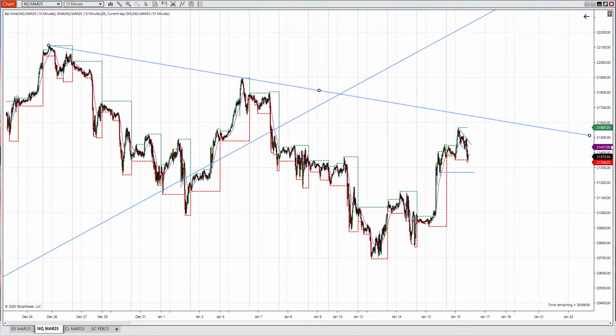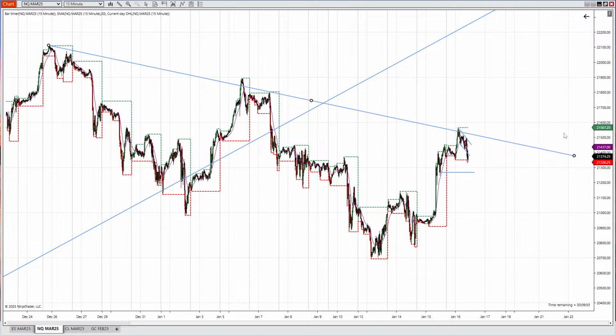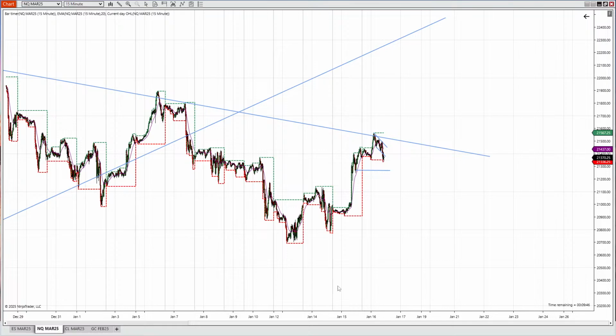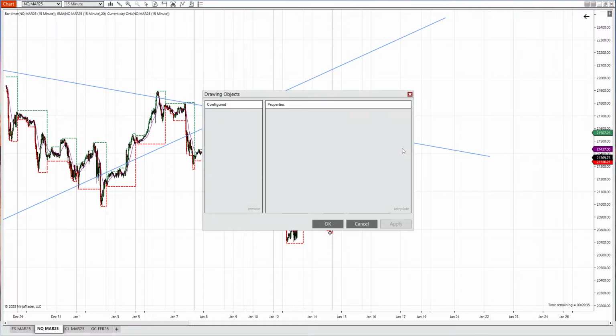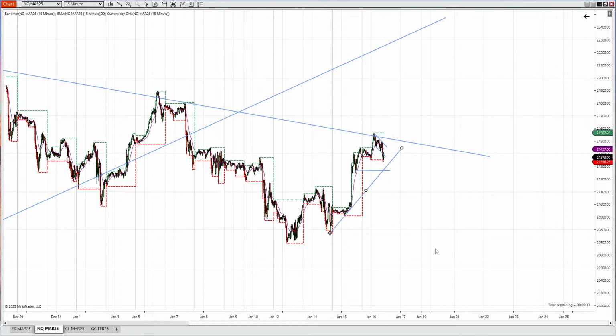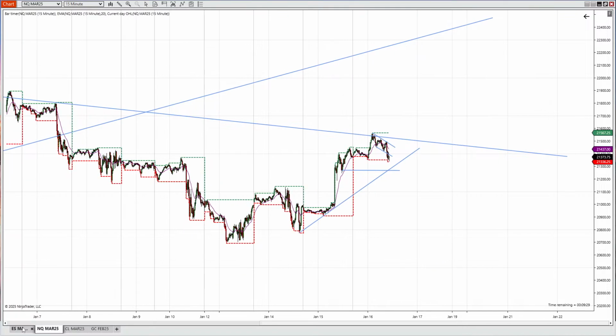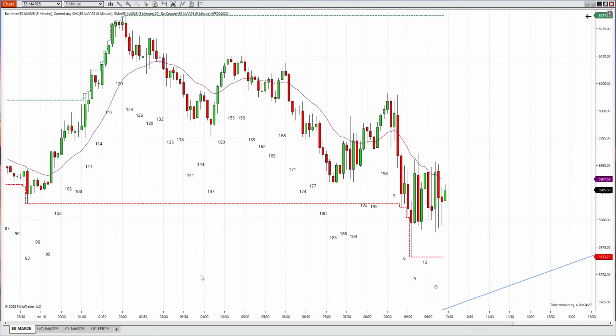Oh well, we are right around that channel. You can draw it however. Probably draw it there. The other thing I want to do is draw this channel here. We had it on the ES, so we have to have it on the NQ, right?